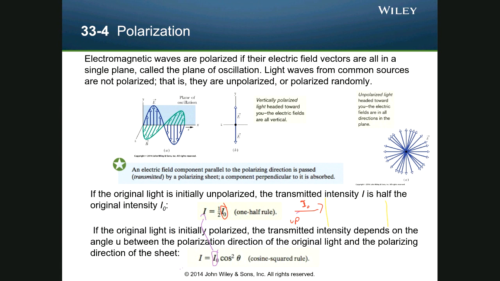As we go through, the intensity after here, I, will be given by this equation. I on the other side of the polarizer will be equal to 1/2 I naught. But what happens, I'm going to make just a dotted line here.